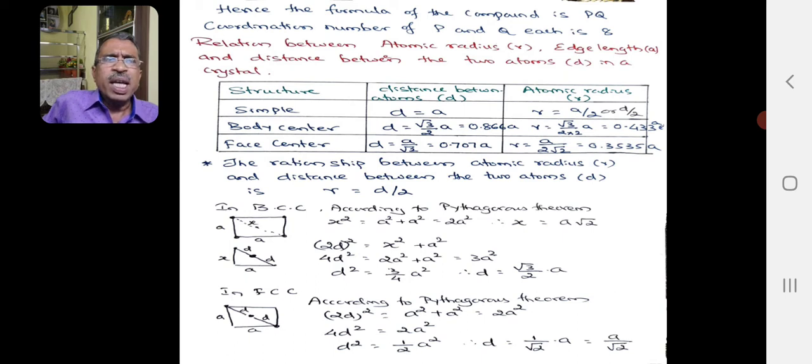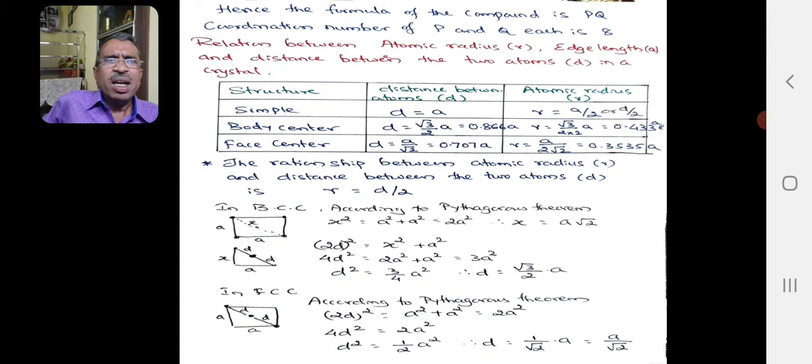Now, in a body-centered cubic lattice, the atom is at the center. One side will be x, another side will be a, and at the center of the diagonal, the BCC atom situates. So it is d and d.